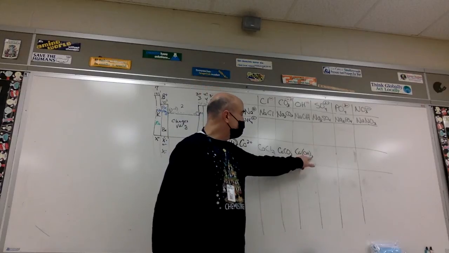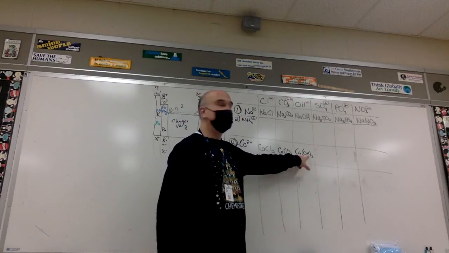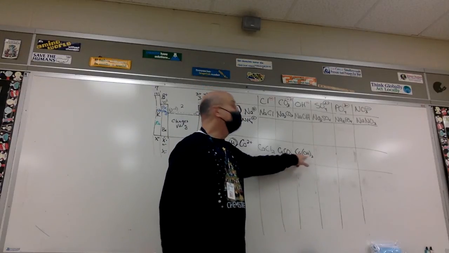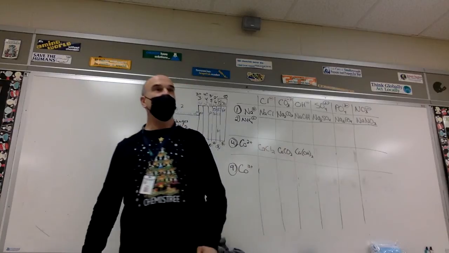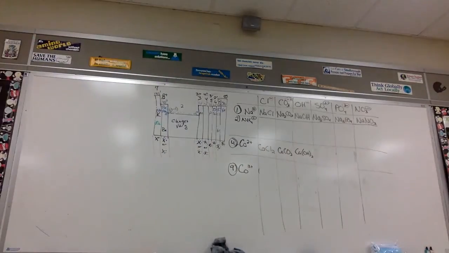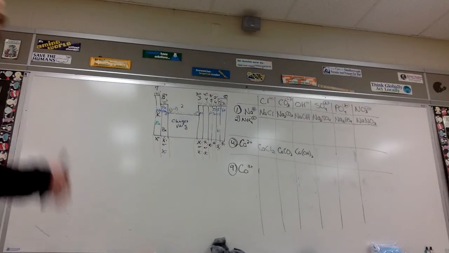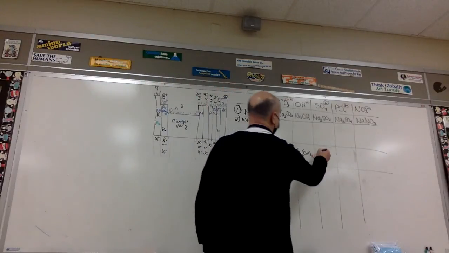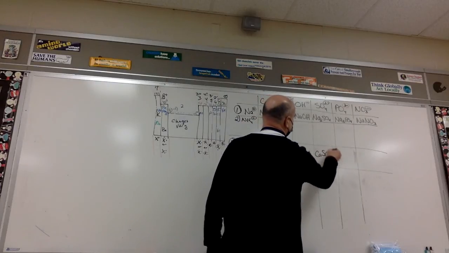Otherwise, it would look like I just had 2 hydrogens, but I really have 2 OHs, right? I have 2 hydroxides. Okay. What about the calcium and the sulfate? Just put them together, right? Always write the positive one first.